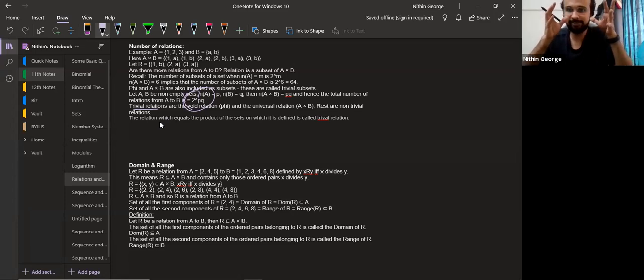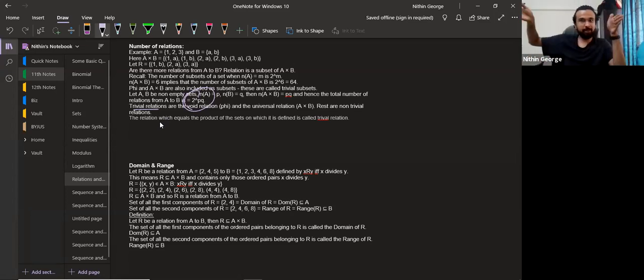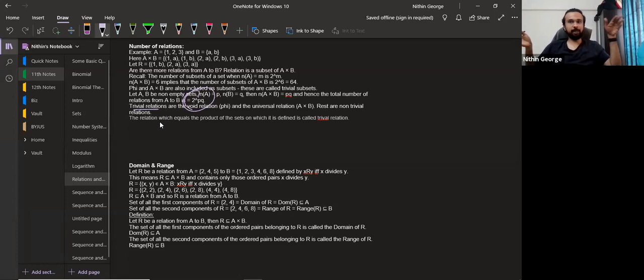So if you have a set, which is the Cartesian product, the set of all (a, b) such that a is from capital A and b is from capital B, what are the obvious subsets here? You know that phi, the empty set, null set, is an obvious subset. Then the set itself is an obvious subset. Are you following, guys? Yes, sir.